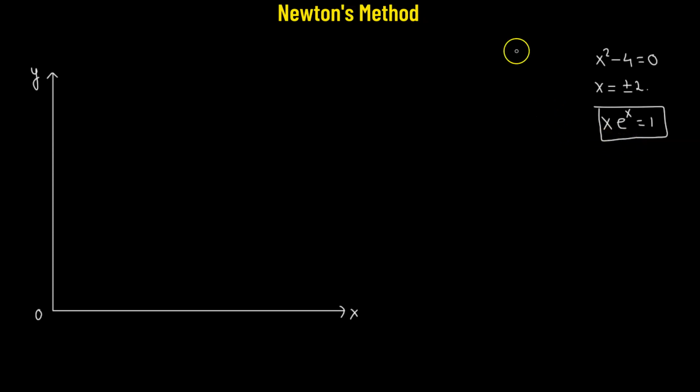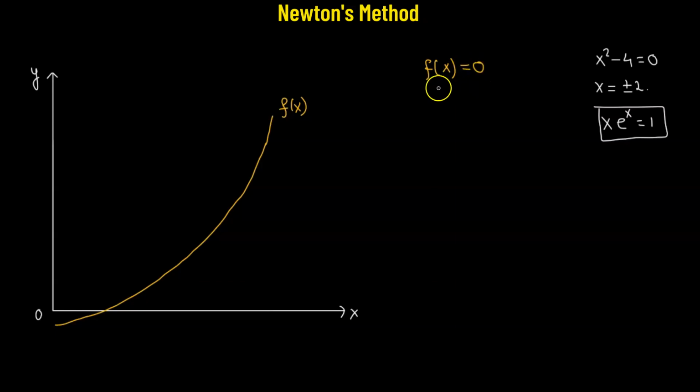So let's begin by considering a continuous function f of x. Let's say this is our function f of x. What we're trying to do, before beginning with the explanation, is solve the equation f of x equals 0, where f of x is given by this particular continuous curve.